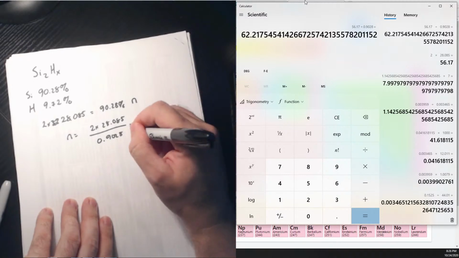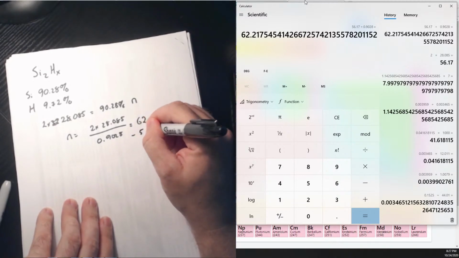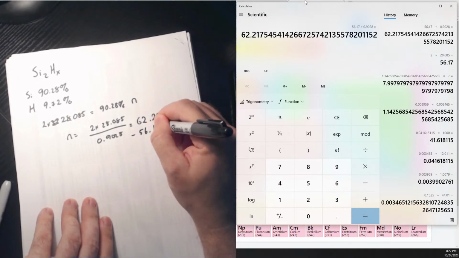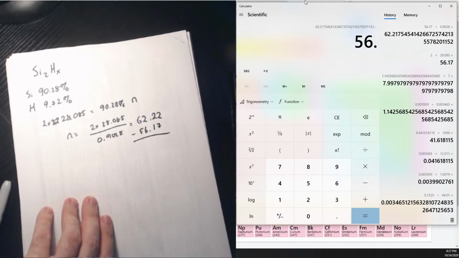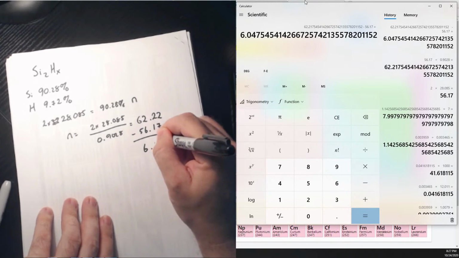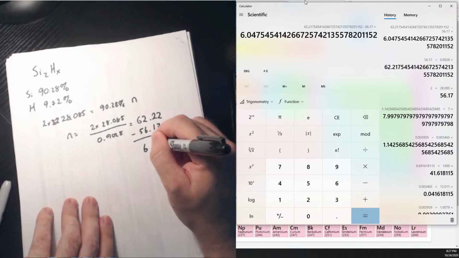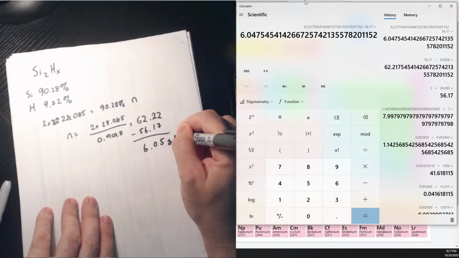So now let's go ahead and subtract the mass of the silicon, which was 56.17. That leaves 6.05 grams of hydrogen.